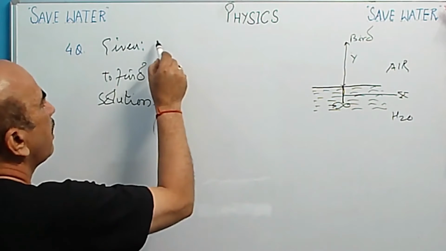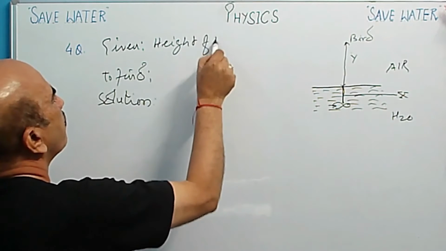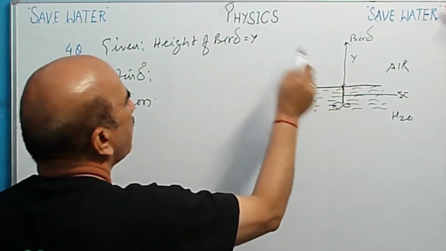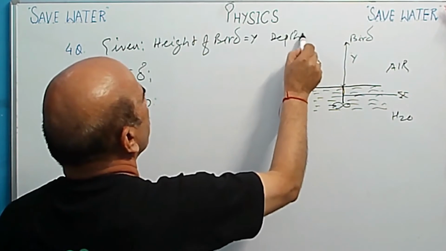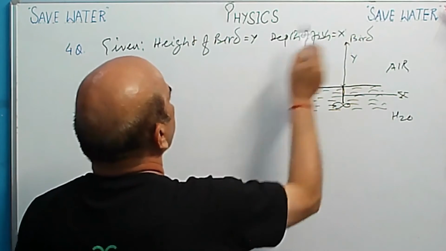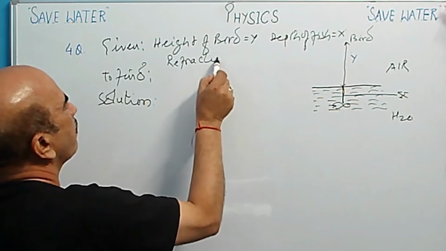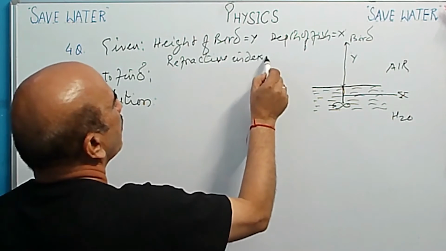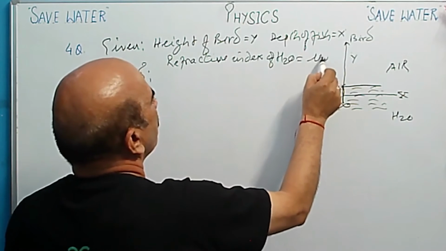So now, what is given? Height of bird is y from the interface, and depth of fish is x, and refractive index of water is mu w.